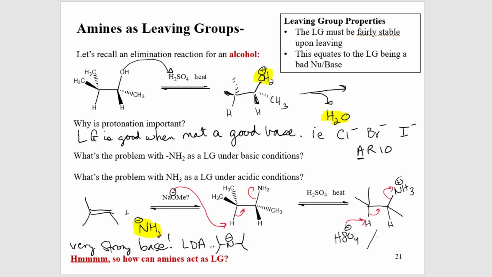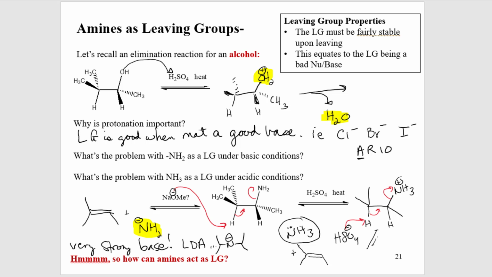Equilibrium-wise, it's not going to like this either, because the conjugate is NH3, ammonia. And ammonia is a pretty decent base, right? Amines are pretty good bases. So again, the nitrogen's not a great leaving group. We don't want it to be a good base when it leaves. And so it's also improbable.